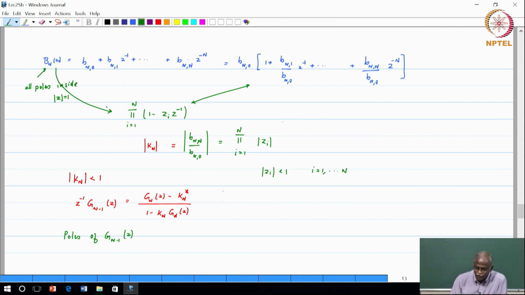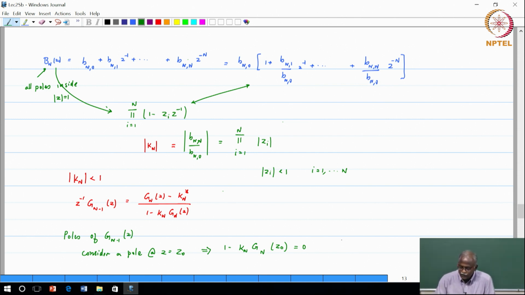So, consider a pole of Gn minus 1 at Z equal to Z naught. This would imply 1 minus Kn Gn of Z naught has to be equal to 0.